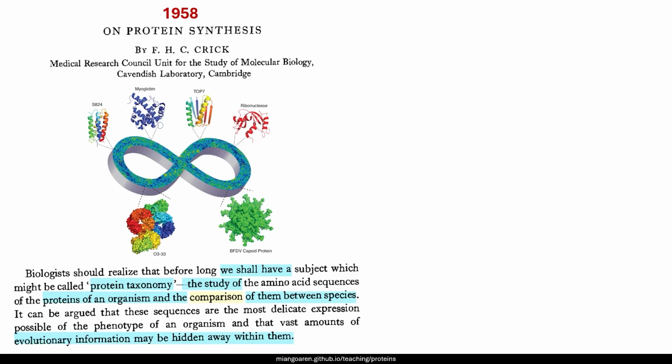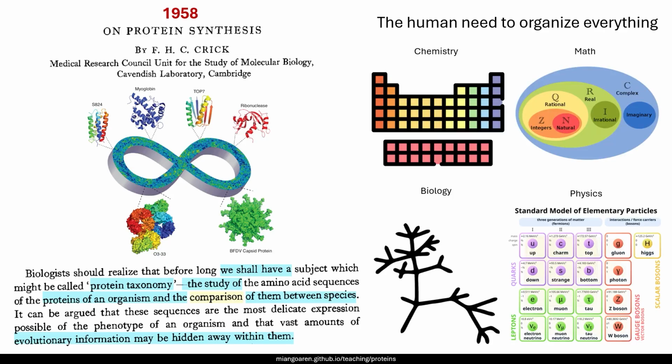It suggests that we should have a kind of taxonomy of proteins that, by comparing them, we could better understand the species from which these proteins come, since these units really contain evolutionary information that could help us understand the evolution process better. And this is because classification systems have emerged in multiple areas of science and human understanding.